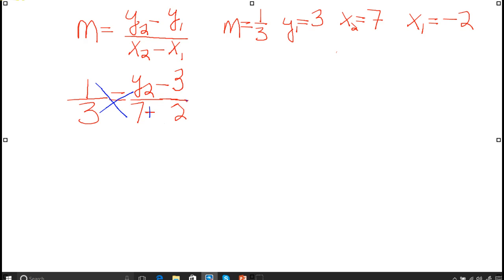So let's cross multiply this together. 1 times 9 will be 9. Now 3 times y sub 2 is 3 y sub 2, and 3 times a negative 3, because this is in parentheses by this division bar, will be a negative 9.